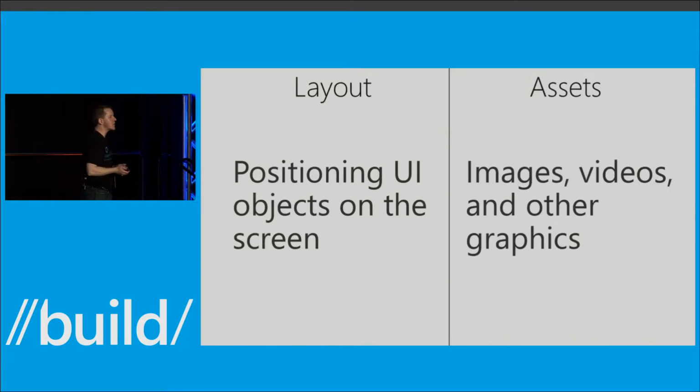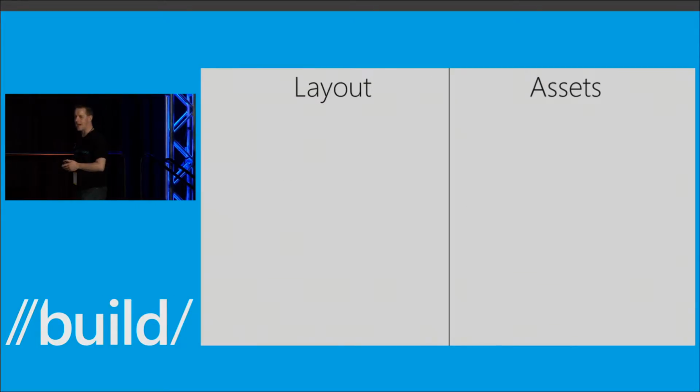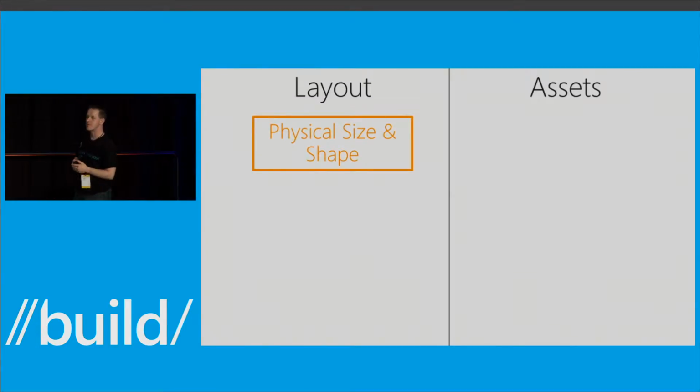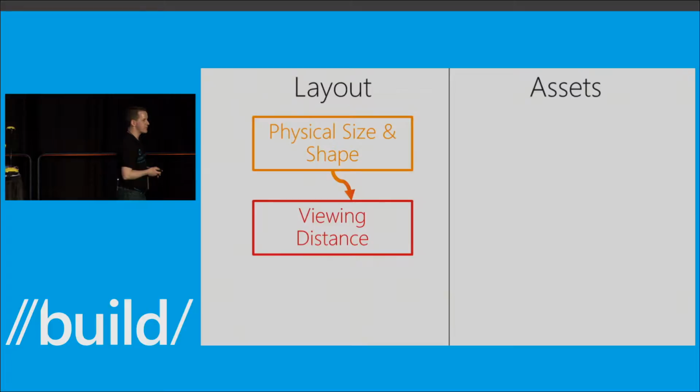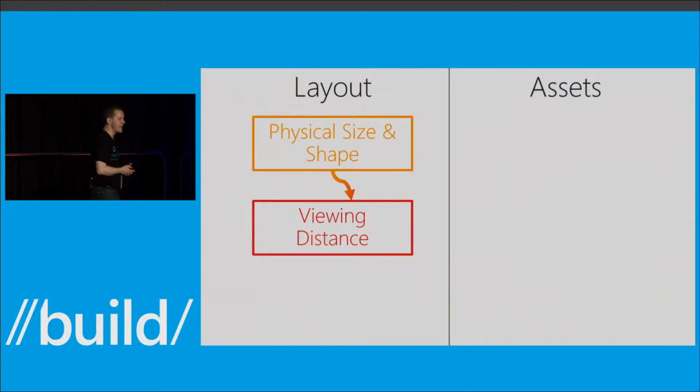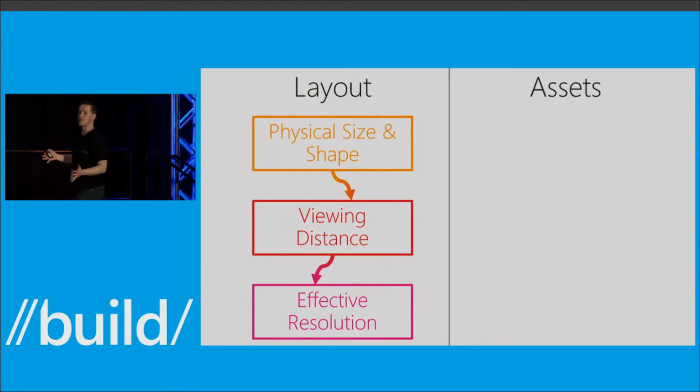And we're going to talk about them in a 6-step journey. We're going to start by talking about physical size and shape of devices. From there, we're going to take a slight detour and talk about viewing distance very briefly. And that will bring us to the notion of effective resolution. And that covers it for the layout side.